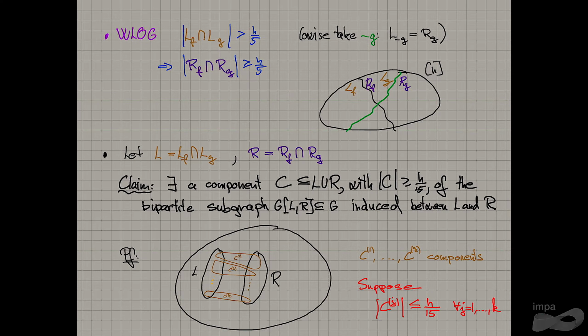All right? So suppose this is your component, and then here is y1. All its neighbors are on the right side, because you know they're on the right side. The left was the intersection of the two left sides, and the right was the intersection of the two right sides.